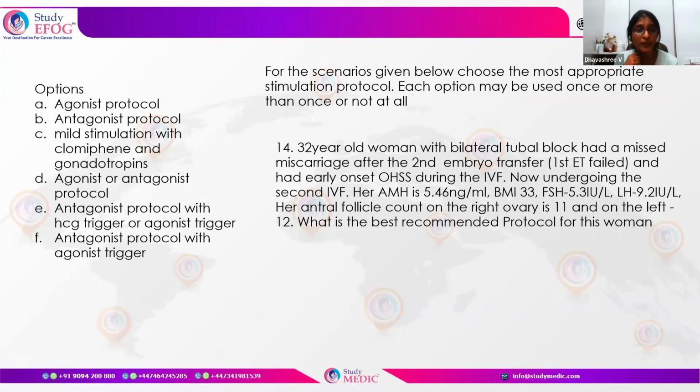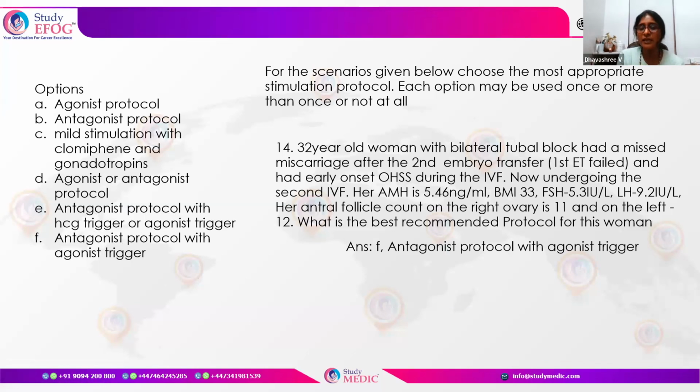So what do we do? The best answer would be an antagonist protocol. Look for the other answers. Here there is an antagonist protocol with an hCG trigger or an agonist trigger, which is actually not right. The other option is antagonist protocol with the agonist trigger. So the answer would be antagonist protocol with an agonist trigger.